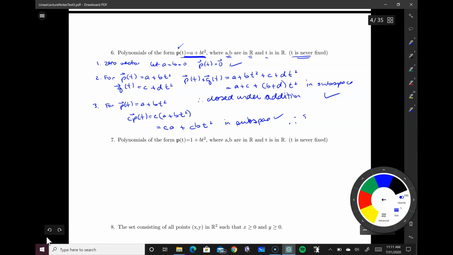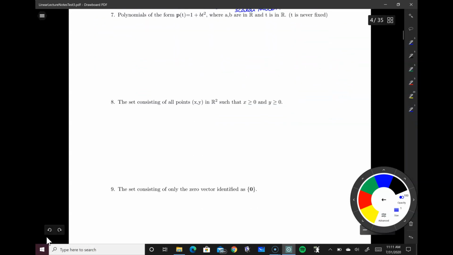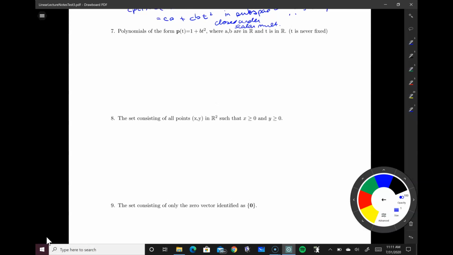So therefore, this is a subspace. I should say, this is closed under scalar multiplication. Okay, so let me stop there and I'll do the next ones.